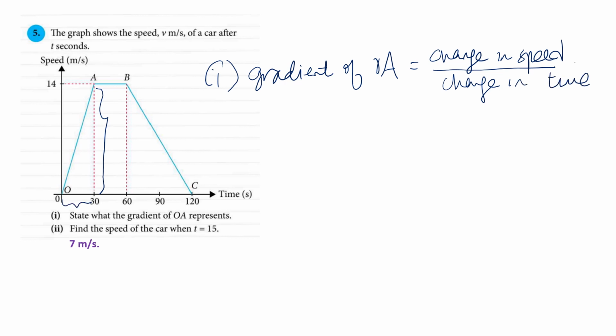So what we're actually finding is that the gradient of OA is just the acceleration. So the gradient of OA is equal to the acceleration of the car in the first 30 seconds.